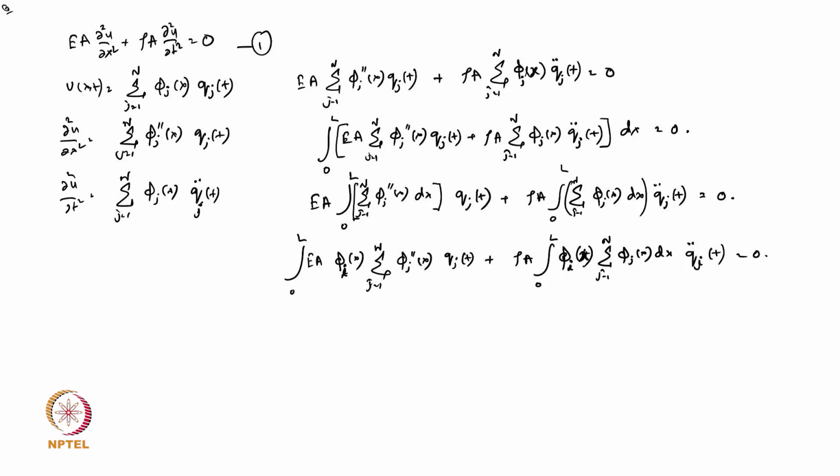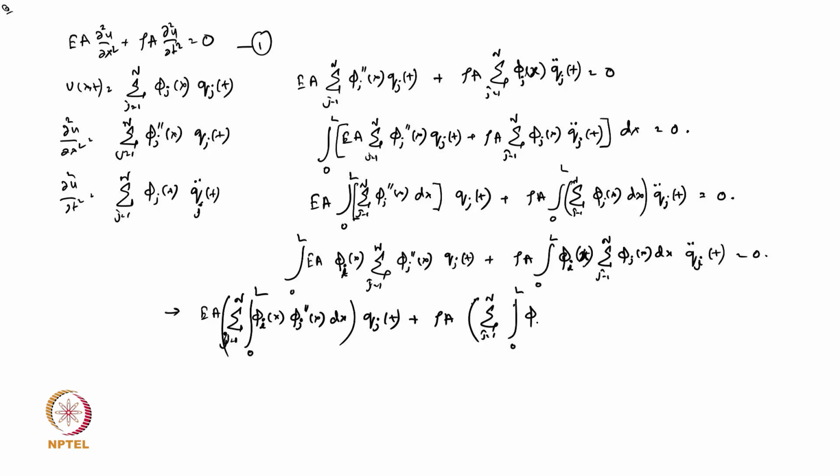Can I write it like this? If I can write it like this way, I can also write it like this: summation j equal to 1 to n, phi i x into phi j double dash x dx into q j t, plus rho A. Okay, we can write it like that.